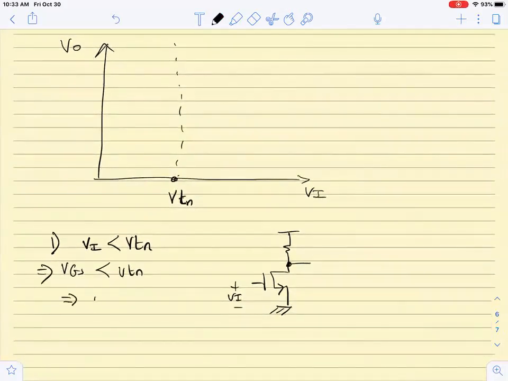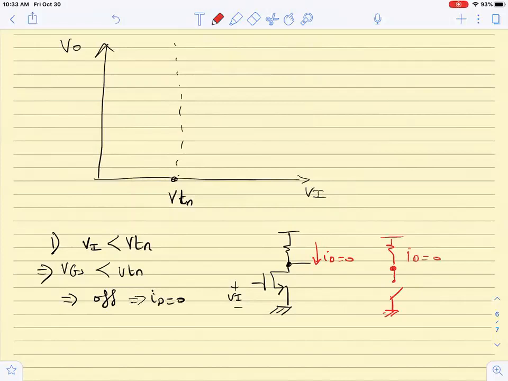It's off, so ID is 0. Practically, it's as if I have a switch that is off, so ID is equal to 0.